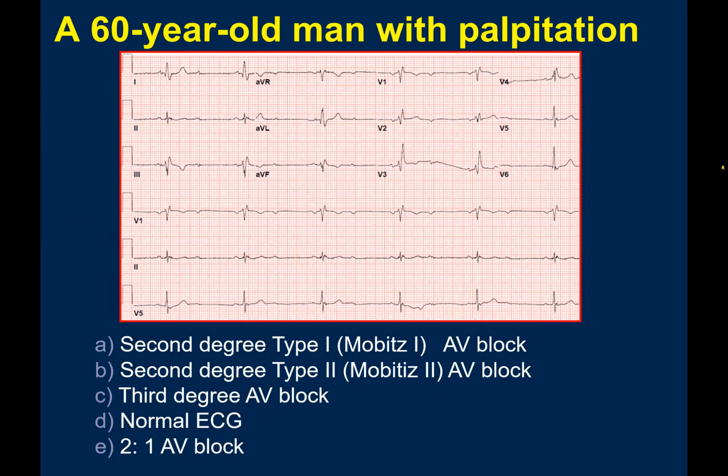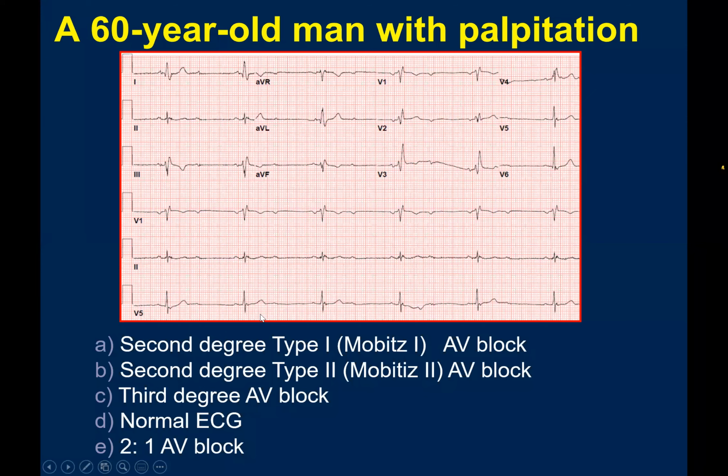There is a P wave preceding every QRS, but there is a dropped beat with the P wave. And the PR is constant, I guess. Yeah, they're constant, you're right. I think Mobitz type 1.